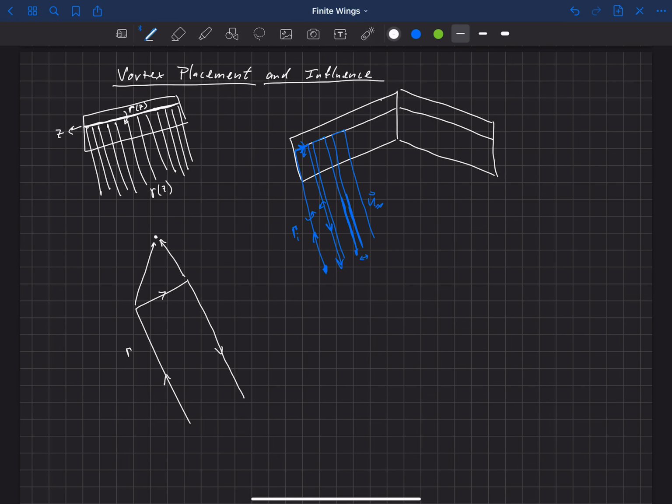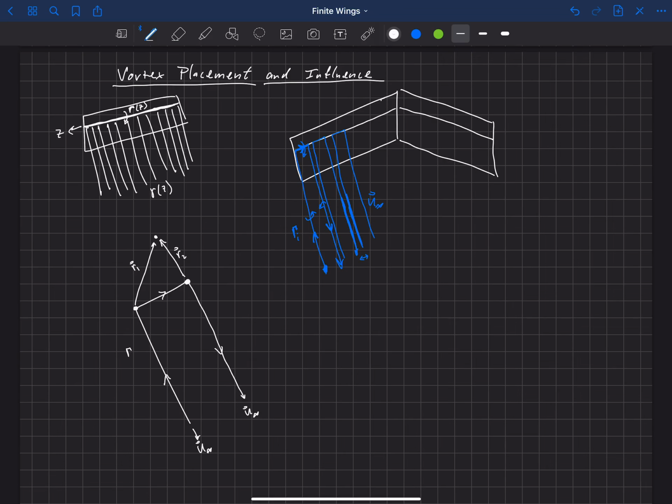But we know the geometry or how that point is related to that horseshoe vortex. We're going to define a R1, just like we did before, and an R2 that go from the two corners of this horseshoe vortex to that point of interest. And then, of course, the direction here is just u infinity.